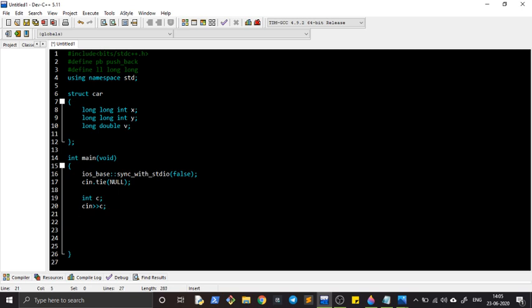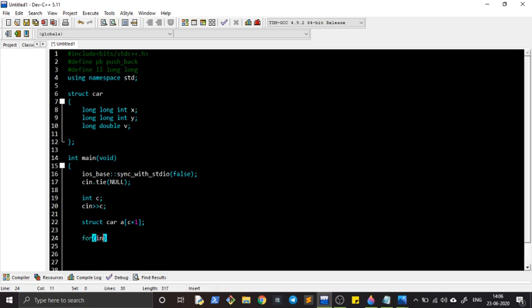Anyways, now we will take inputs of all the cars. For that we first need to make an array of structure. So we'll write struct car, name the array a, with a size of c plus 1. Now we will take all the inputs.